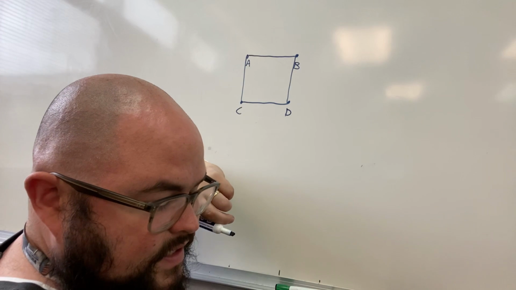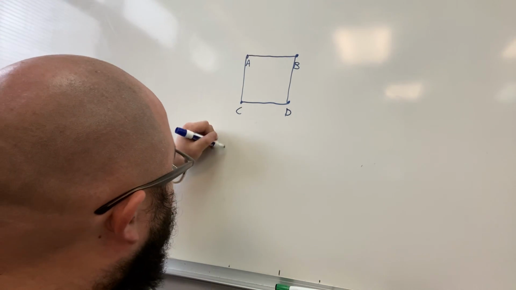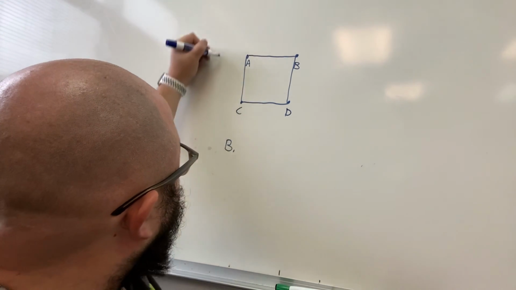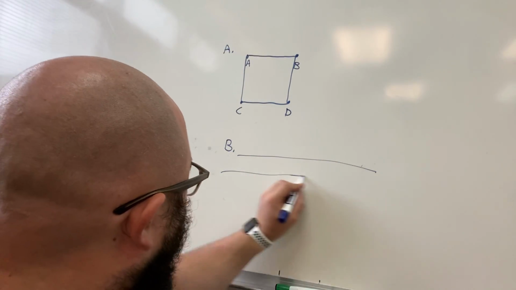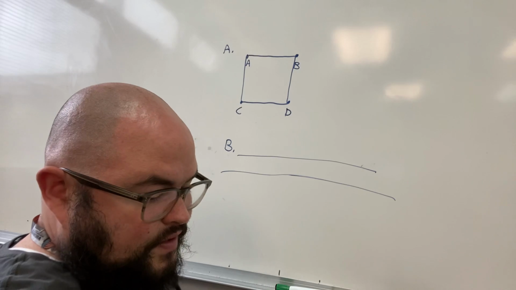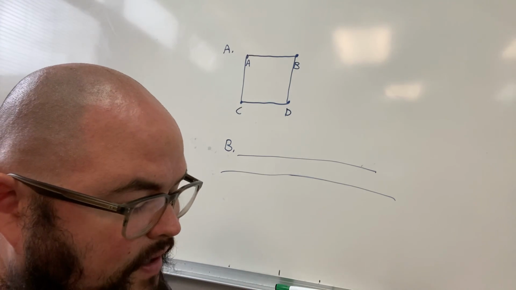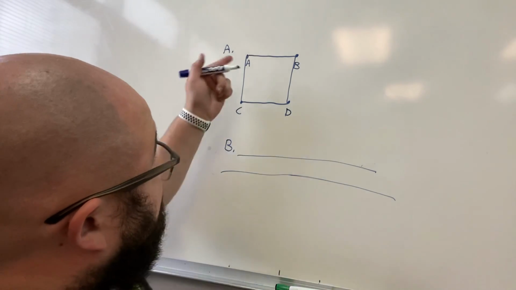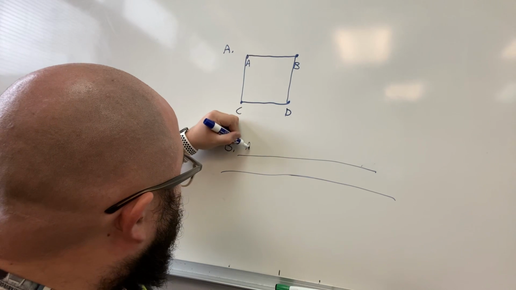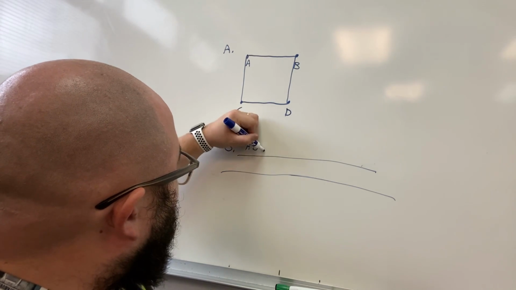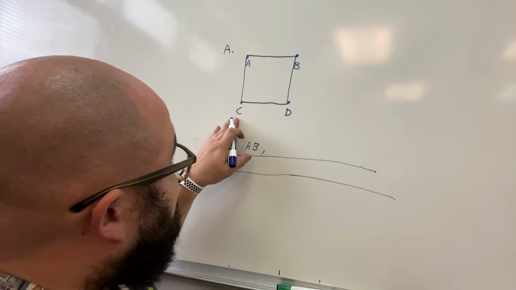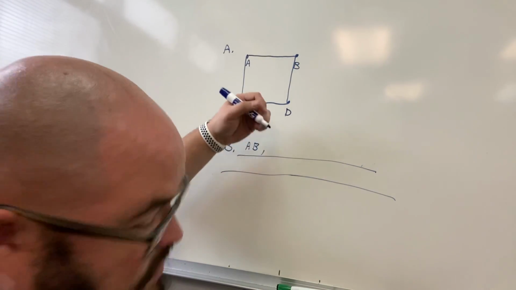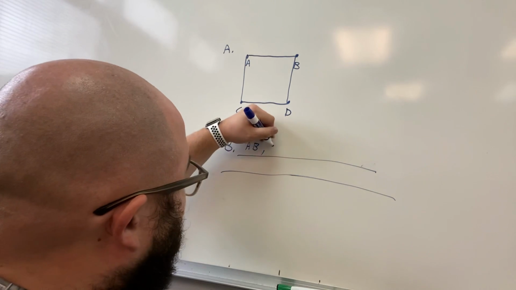And then problem B says, name the parallel line segments. So part B, we've got a couple lines. Okay, so what's one parallel line? AB, okay, so AB, comma, we can say CD or DC, however you want to do it, DC.